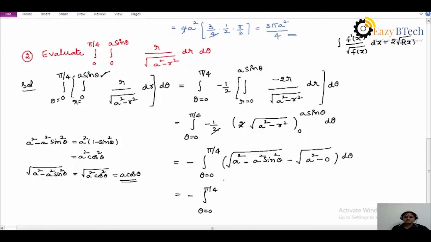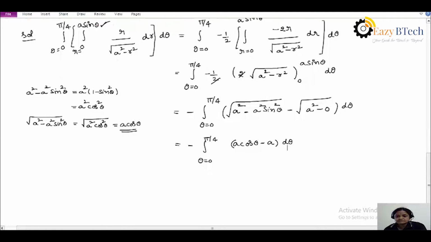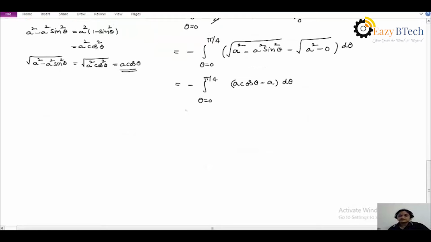So the total value is a cos theta, and minus root a square, the square and root will be cancelled. Then the final answer is minus a for the lower term substitution value. So a cos theta minus a into d theta. Now a is common here: minus a integral theta is equal to 0 to pi by 4 of cos theta minus 1, because a is common, d theta.